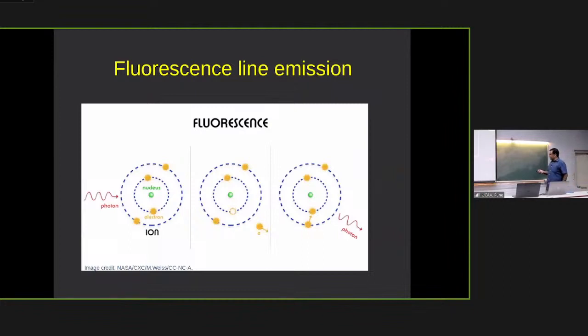Okay, so this is about the fluorescence line emission, and these kinds of line emission are very important in astrophysics, particularly when you are studying accretion of matter around black holes or neutron stars or even white dwarfs. Because in such situations, you can actually produce the fluorescence lines. And iron is one of the most abundant elements, and it also has high fluorescence yield.